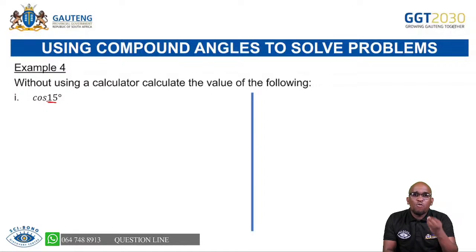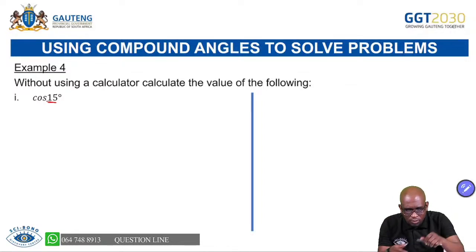One can go for 60 degrees minus 45 degrees, which gives you 15. One can also go for 45 degrees minus 30 degrees. That would also give you 15.